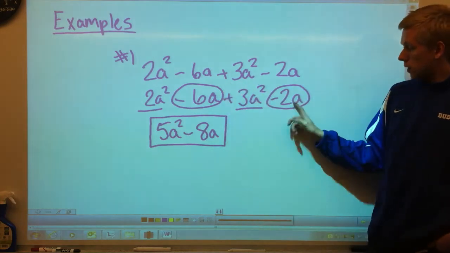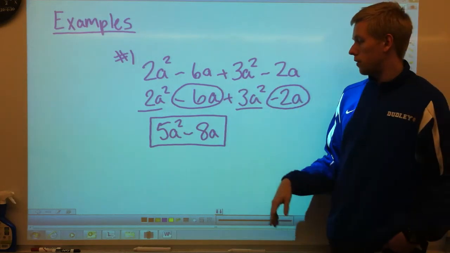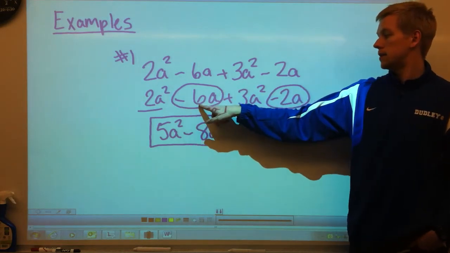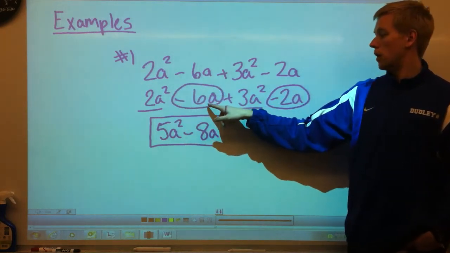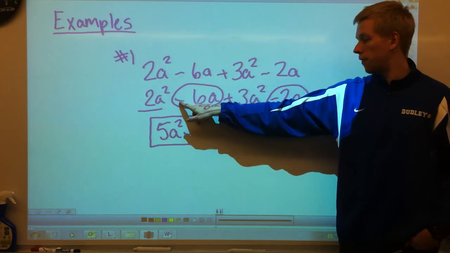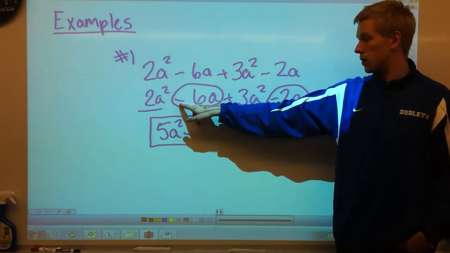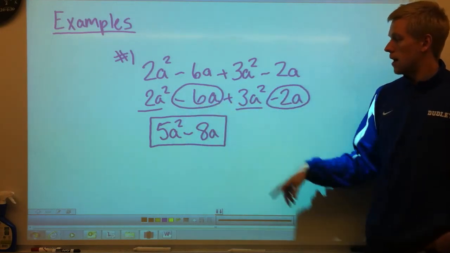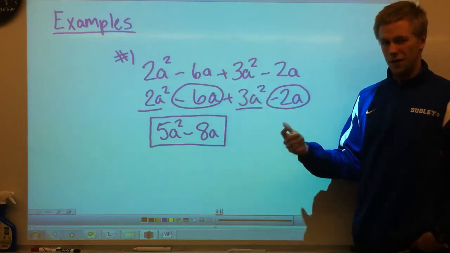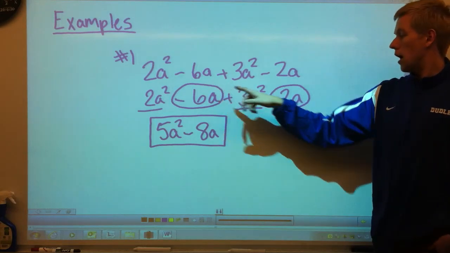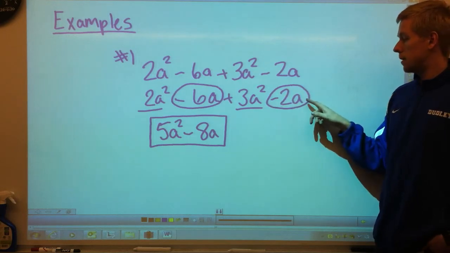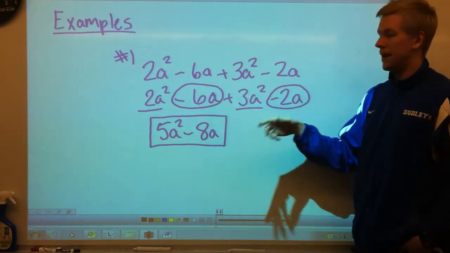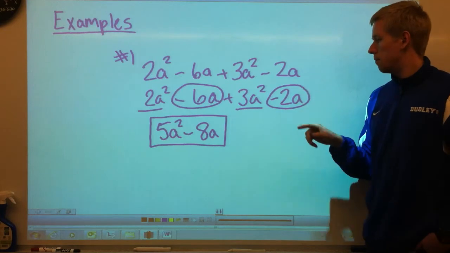The other two things that were left, once I underlined and got rid of those, I have a negative 6. Now that was a minus sign, but because I want to know what kind of 6 this is, I look in front to see what the sign is, and my sign was a minus, so it's a negative 6a. There's no exponent, so I don't have to worry about it. Then I look over here, and I have a negative 2a. That is also the same because they have a base of a, and the exponent is actually 1, but it's not written.